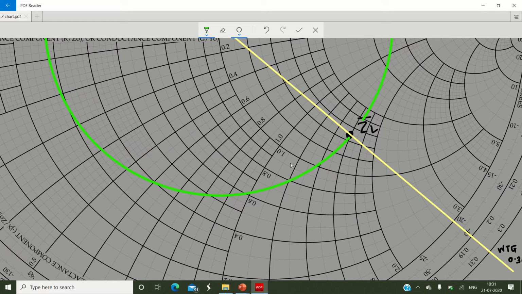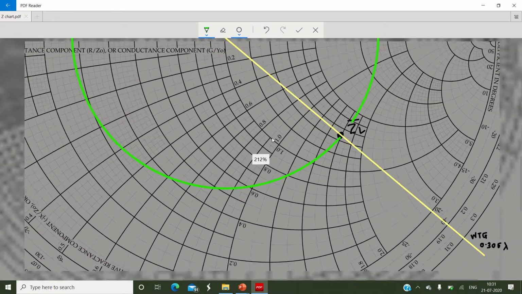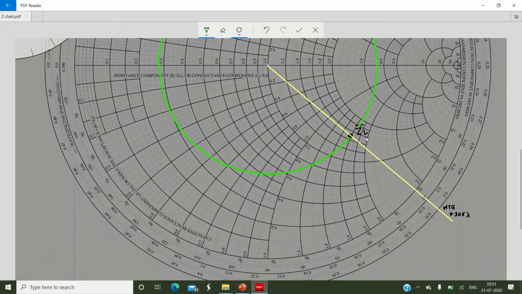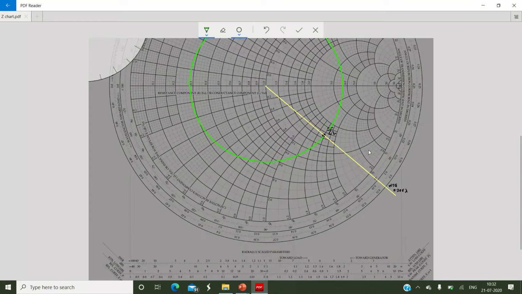You have drawn the VSWR circle. Put your pencil on ZL bar and start tracing on this green VSWR circle clockwise. You need to trace till what point? Till you get the intersection with the unit resistance circle.